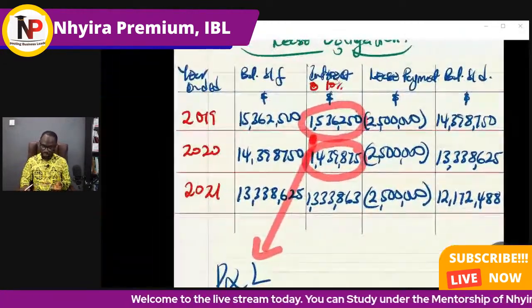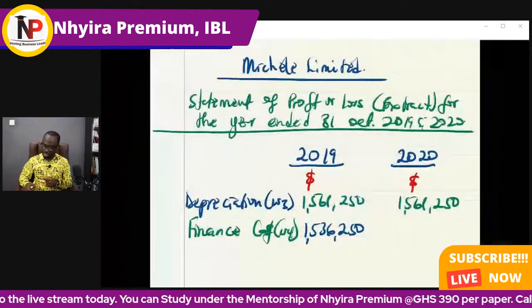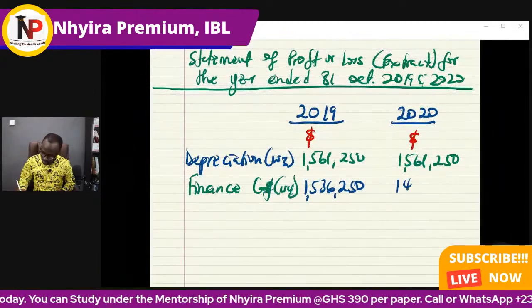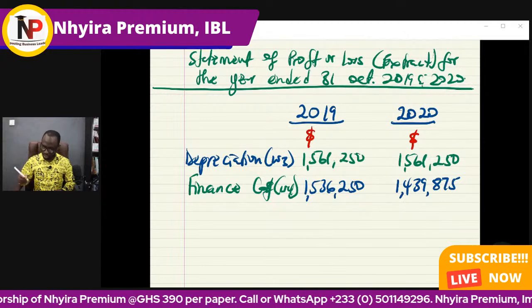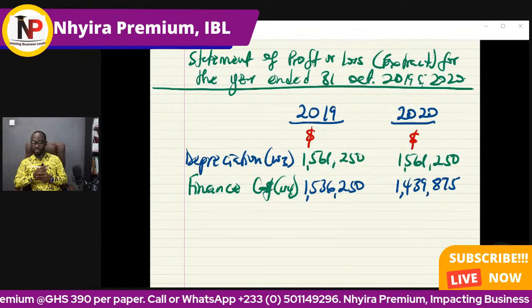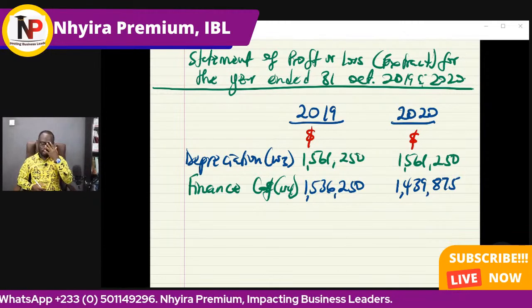Then for 2020, it's going to be 1,439,875. So this is our income statement.